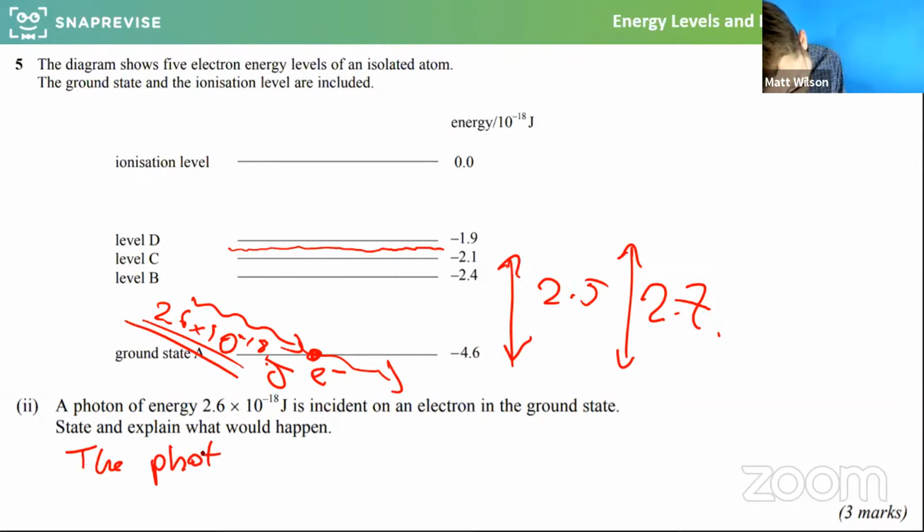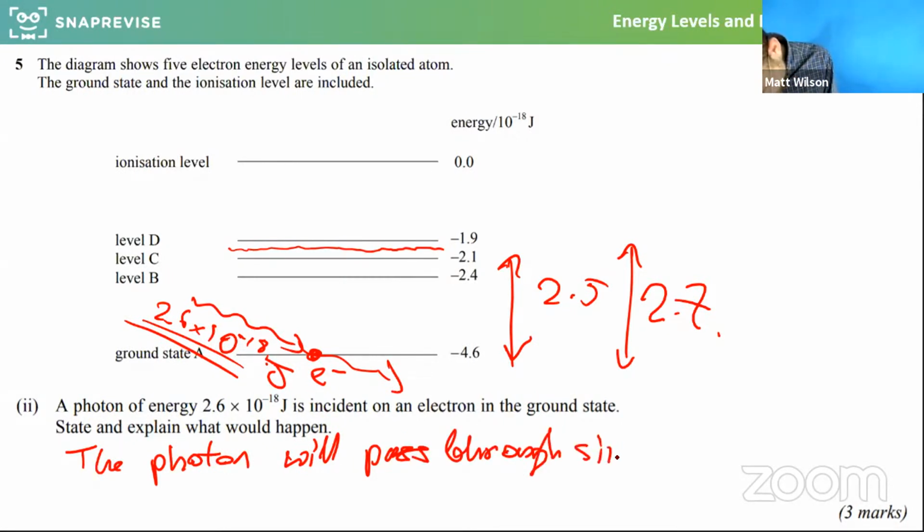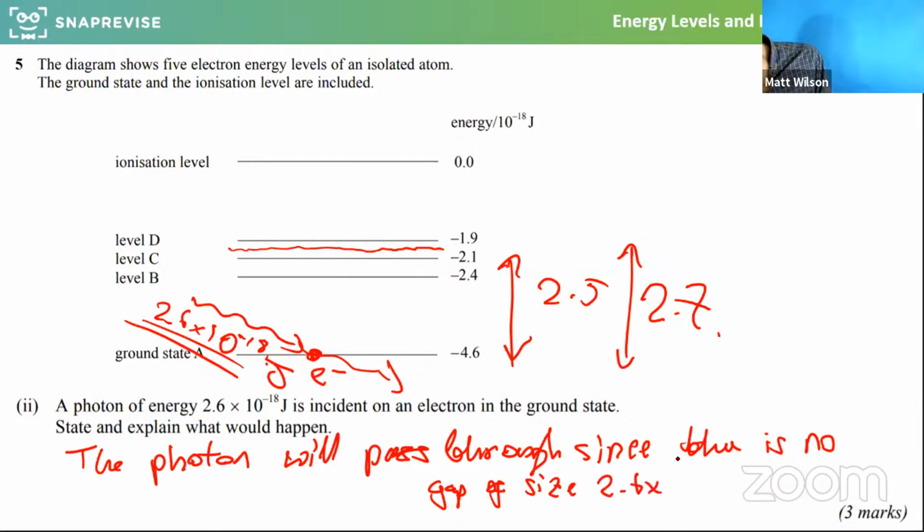The photon will pass through since there is no gap of size 2.6 times 10 to the minus 18 joules.